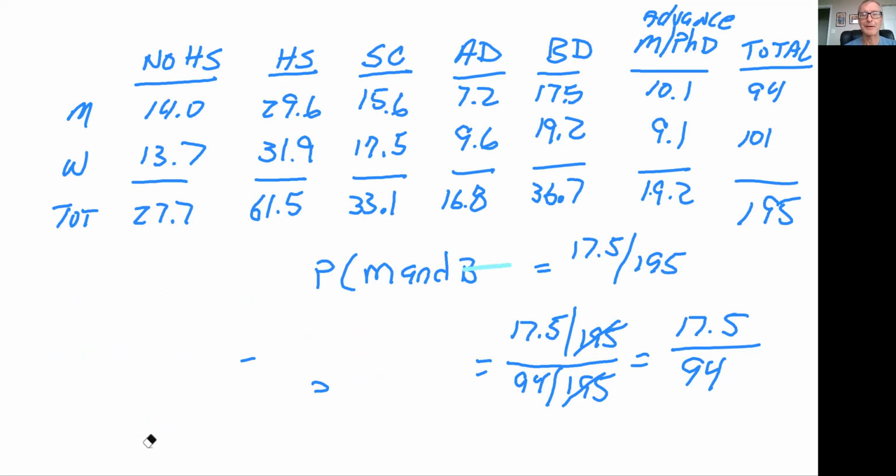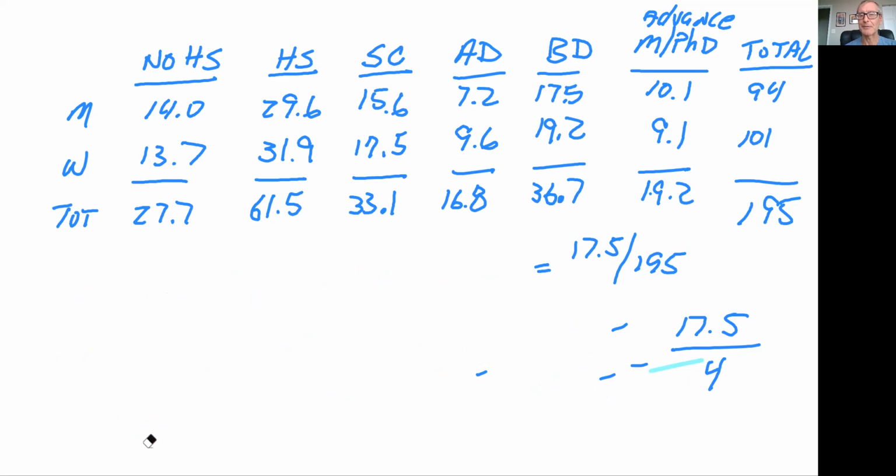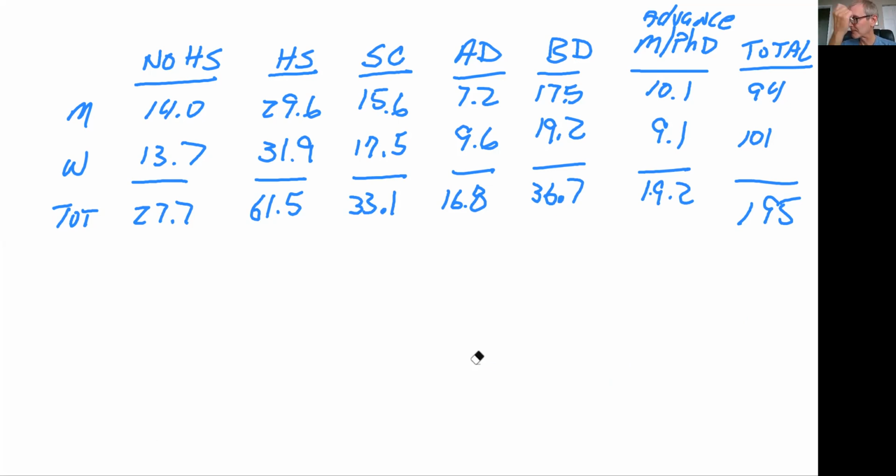So let's do the women column there in the rows. So erasing this one up. So what is the probability of a woman? So we did that one, right? Just like the man, it would be 101 over 195.